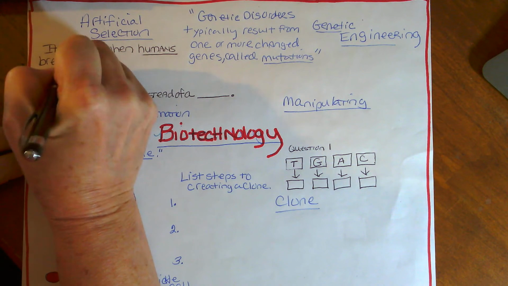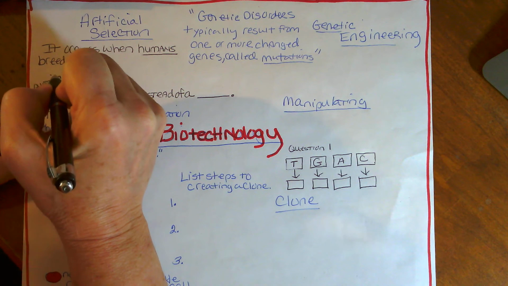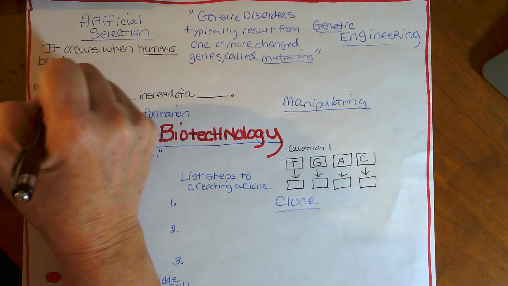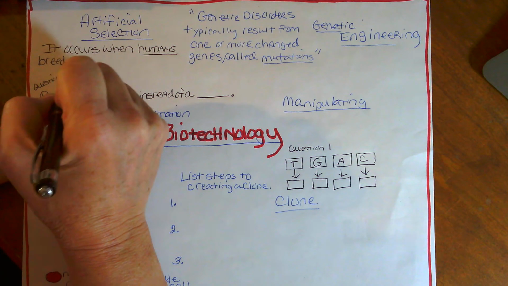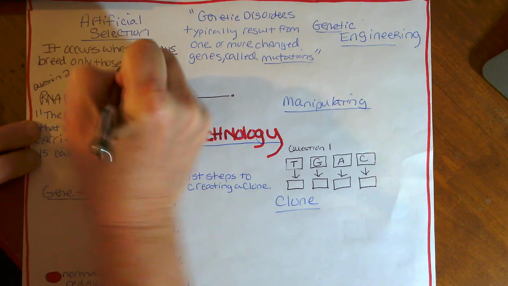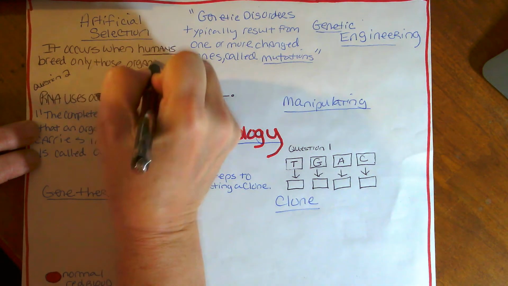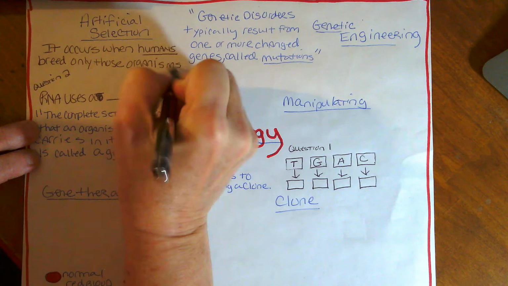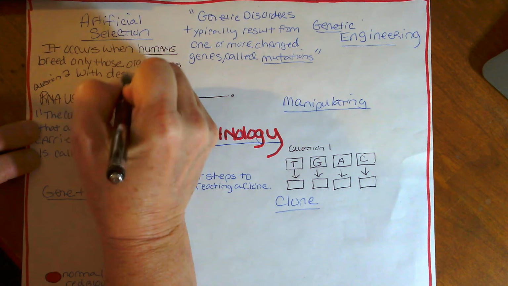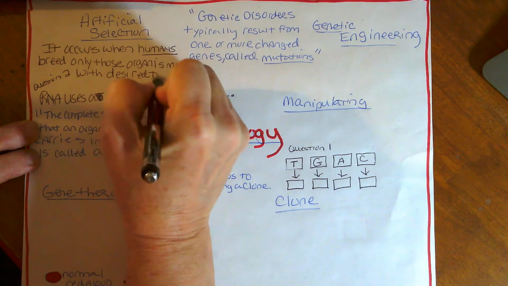And guys, breeding can be animals, it can be plants, so don't just think breeding only goes with cats and dogs. When humans breed only those organisms with desired traits, these are things that you want to see come out.